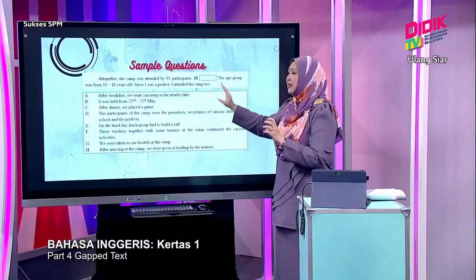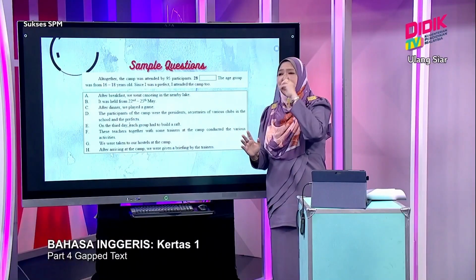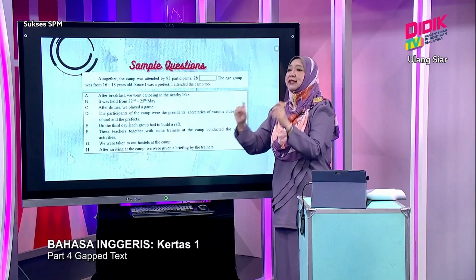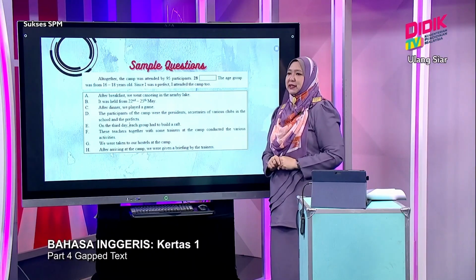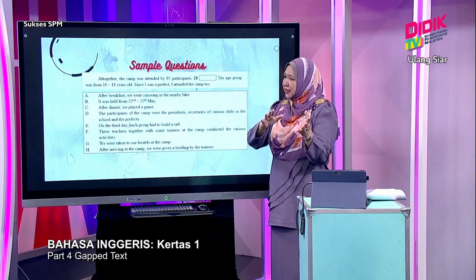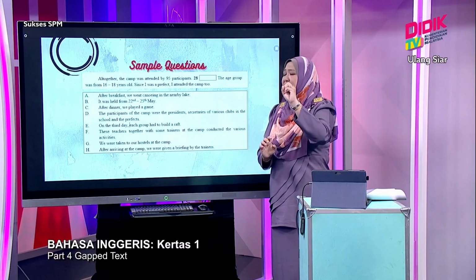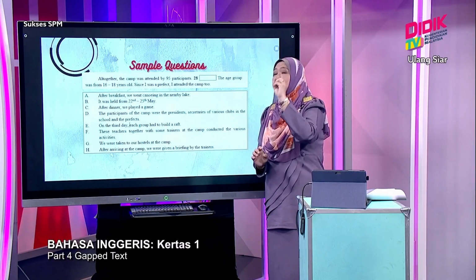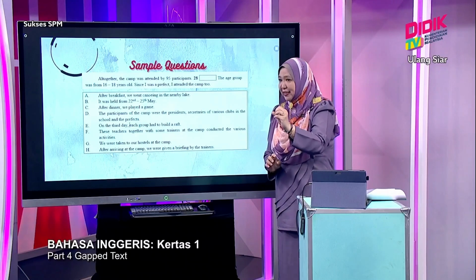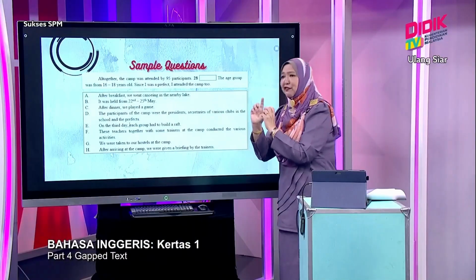Usually in the sentences before and after, there are clues given. Like the one before, we have the place, the camp at Slim River. When writing a report, usually after the place, it is the when, from 22nd to 25th of May.